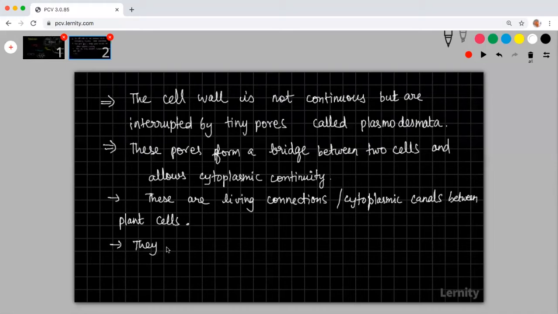They may contain endoplasmic reticulum tubules.